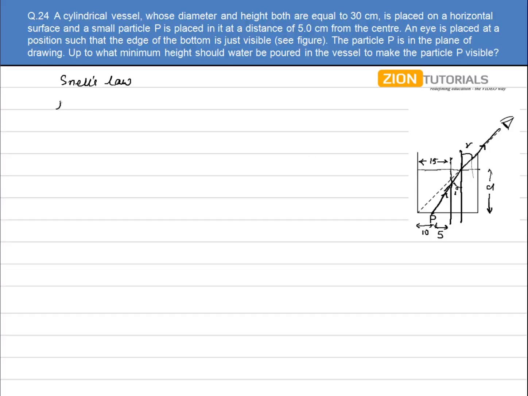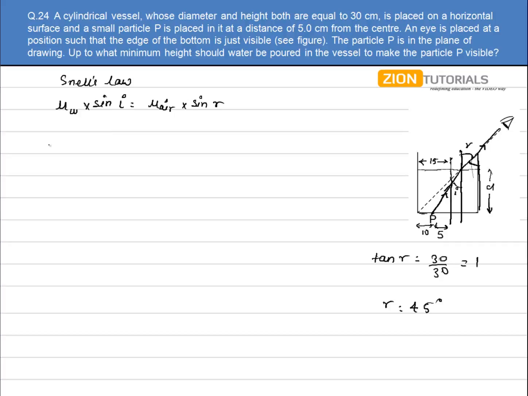So I can write mu of water into sine of I is equal to mu of air into sine of R. Now by geometry, this is angle R, so this angle will also be R. And if this angle is R, then tan of R will be equal to the height of the cylinder over the base of the cylinder, and both are equal, that is 30 and 30, so it comes out to be 1. So the value of R comes out to be 45 degrees.